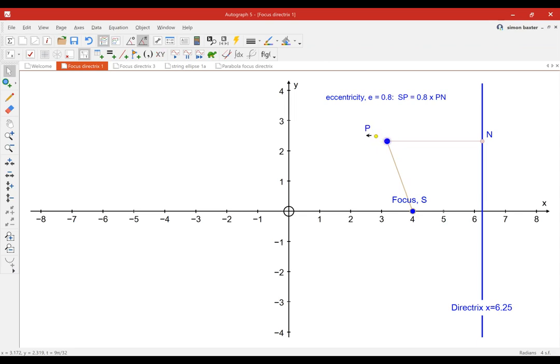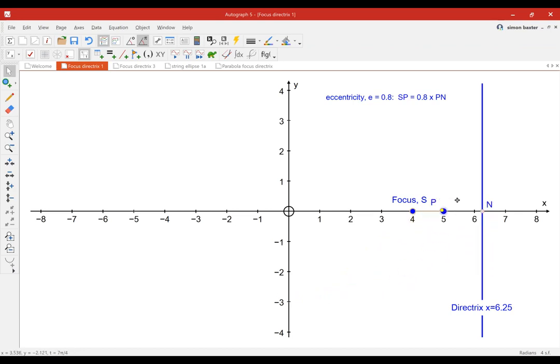As I move around, we can see that the length of PS is still about 0.8 times PN. Keep moving P, and this is set up so that that ratio stays the same the whole time.